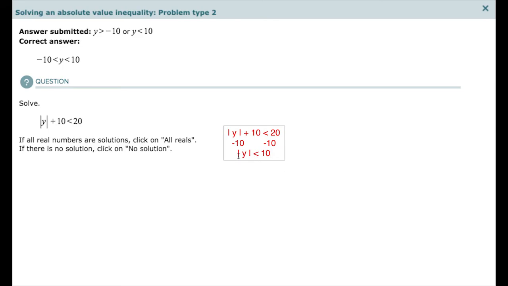All right, so let's think about what this really means on a number line, right? So on a number line, we would have 0 in the middle, right? And if the absolute value of y is less than 10, that means it could be 9, 8, 7.